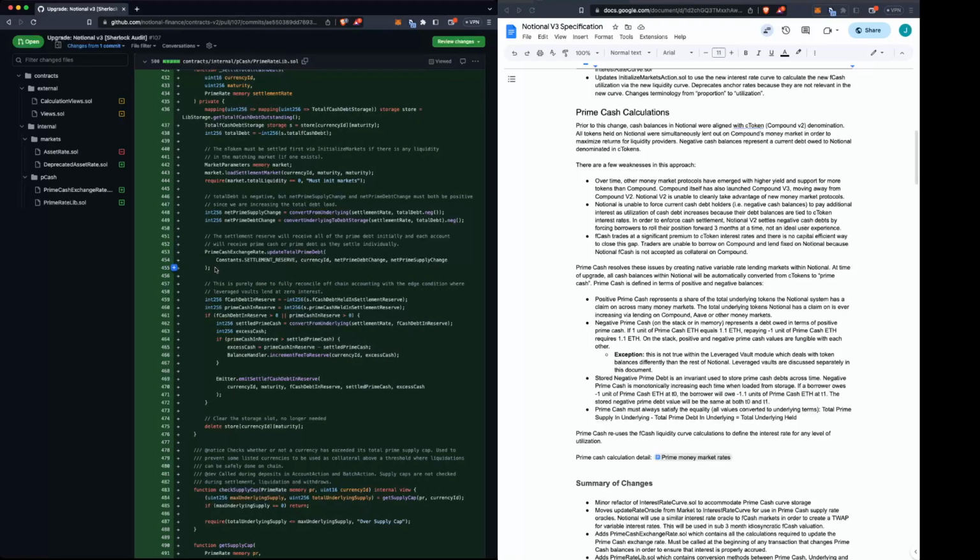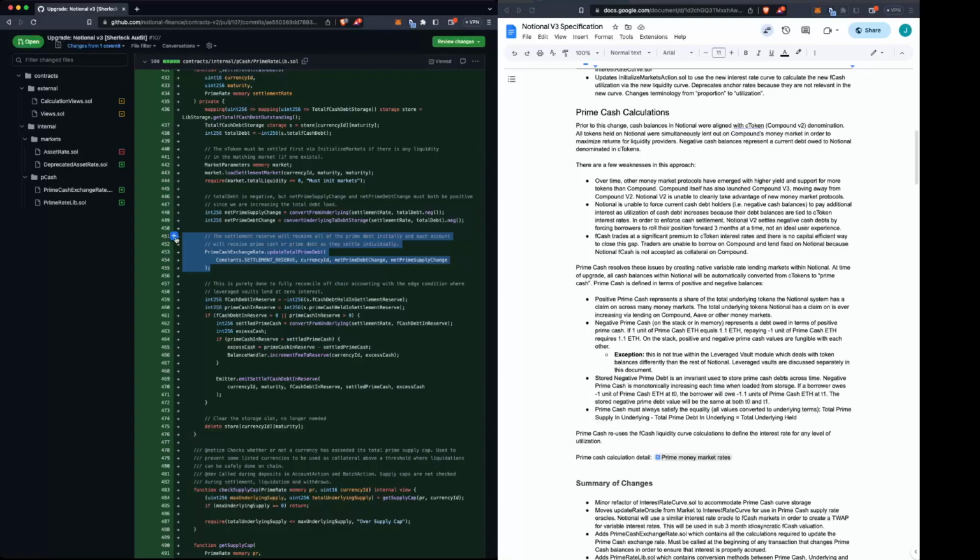These are not on-chain functional changes; they won't have any effect on what's happening on-chain. But for off-chain accounting and for clarity of how Notional works, we decided to create this settlement reserve account, which at settlement will take all of the debt that is settled at that maturity.